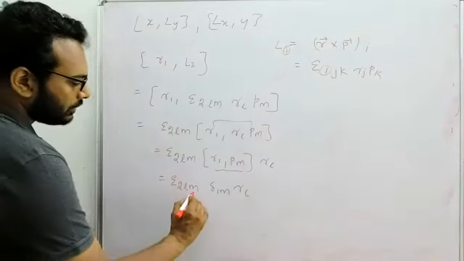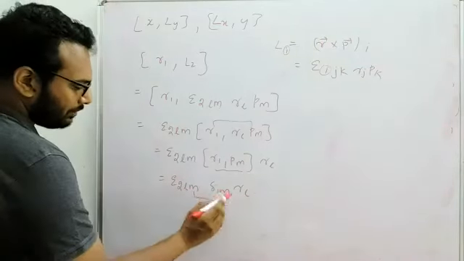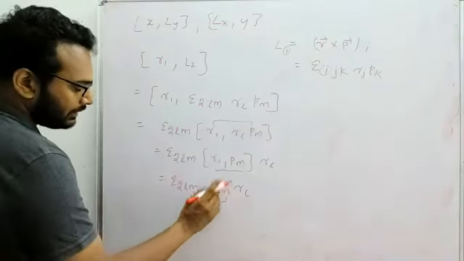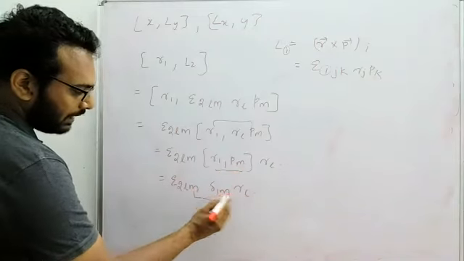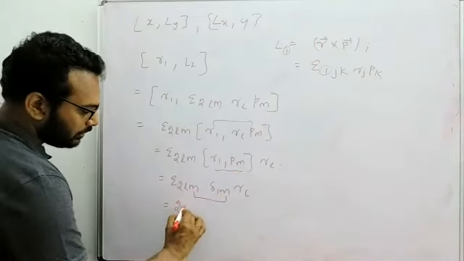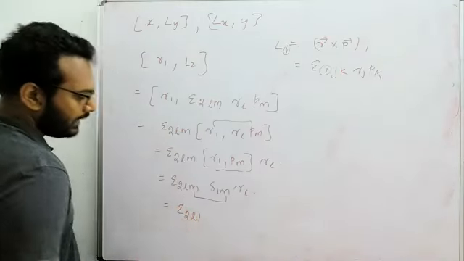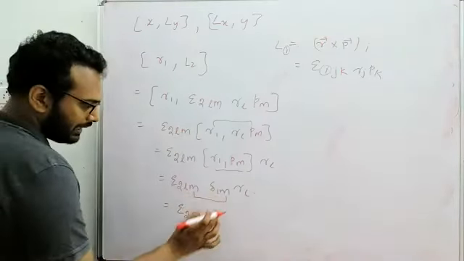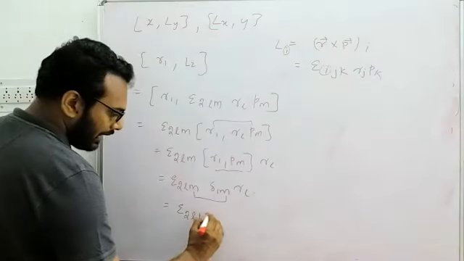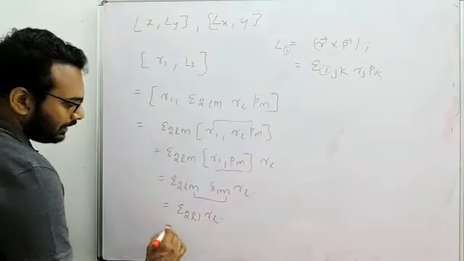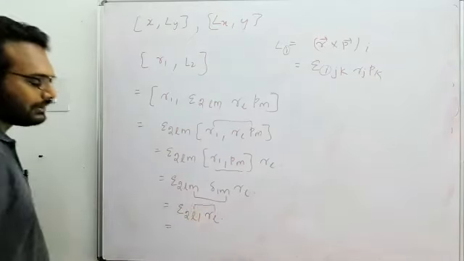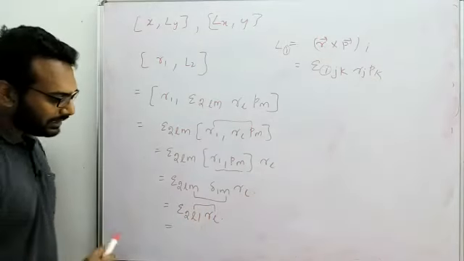So the summation over M, the only term that will survive is M equal to 1. So this is equal to epsilon 2L1. I'm just combining these two terms, RL.